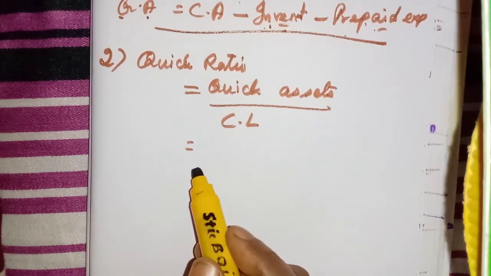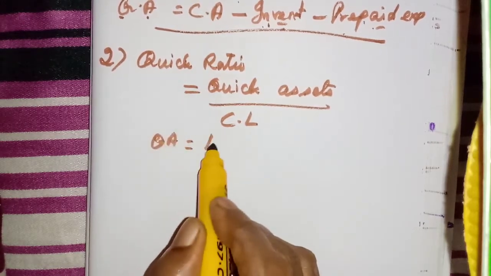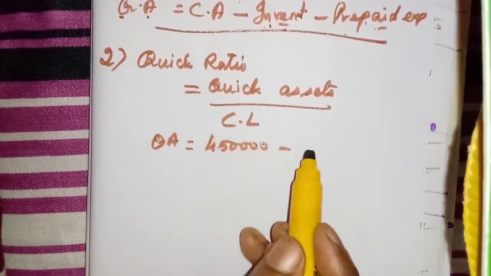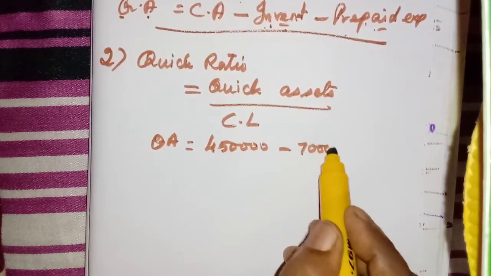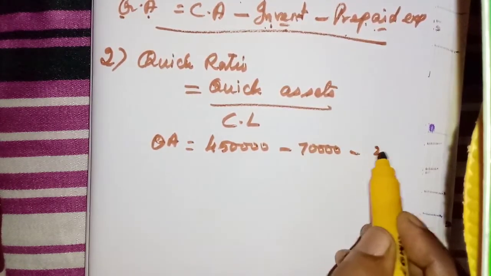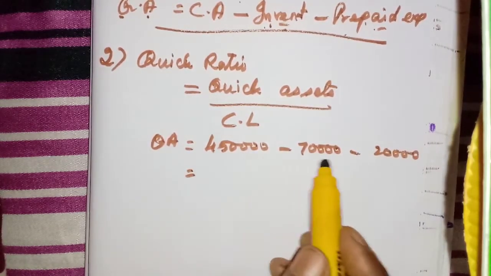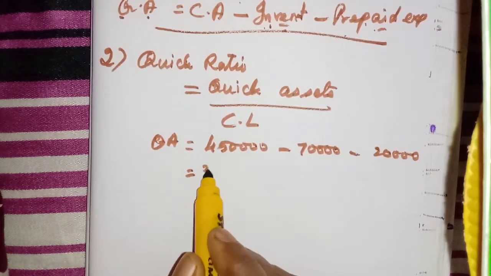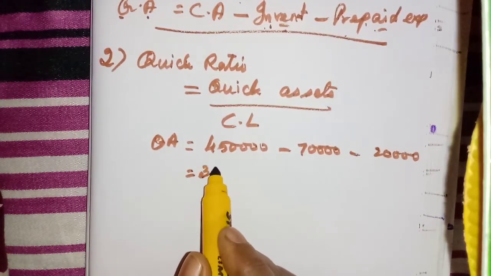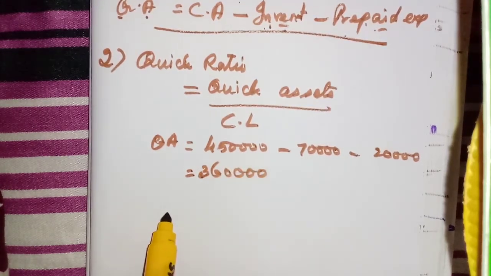Here quick assets means current assets minus inventories and prepaid expenses. Current assets 4,50,000 minus inventories 70,000 minus prepaid expenses 20,000. So how much? 4,50,000 minus 90,000, so 3,60,000.